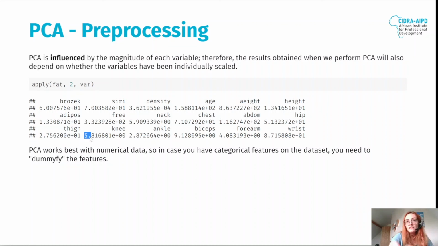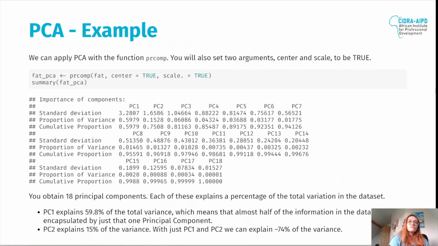This one, the wrist, probably the circumference of the wrist, has a variance of probably 0.87. So it's pretty different, and that's why we need to scale the data set. And PCA works best with numerical data, so if you're working with categorical features, you need to dummify, that means one-hot encode your data, before working with that.